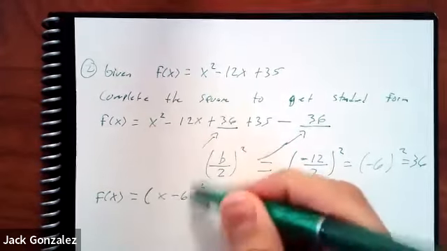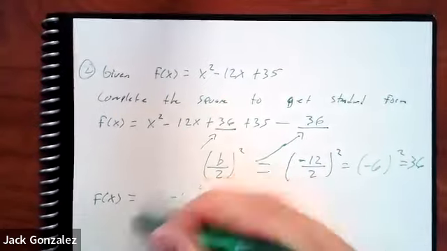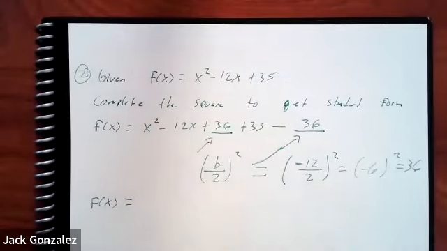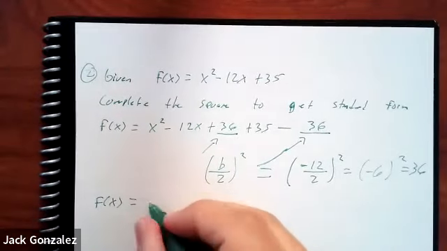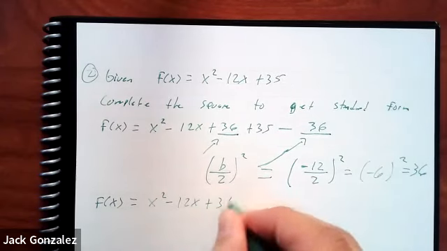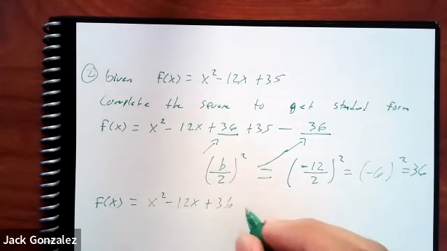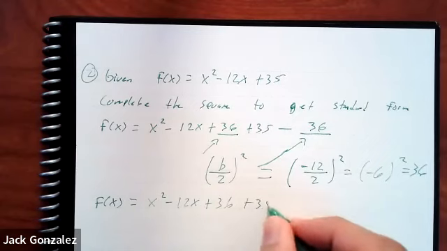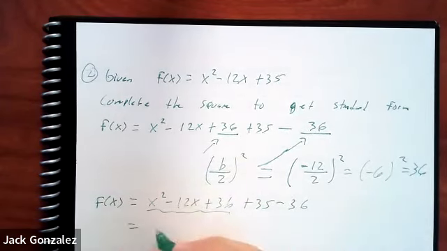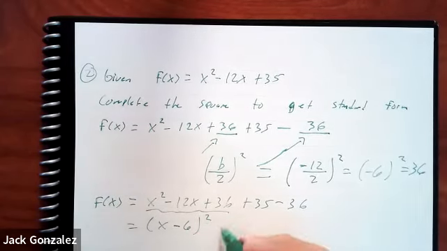Yeah, let me add an extra step so you can see. Sorry, I skipped a step. You're right. Plus 1. So this right here is going to turn into x minus 6 when you factor it.